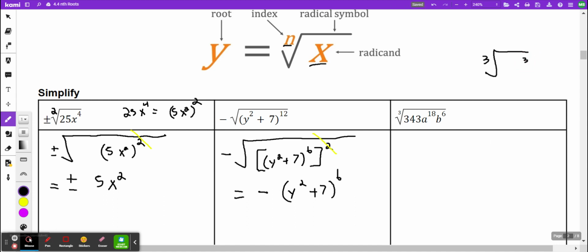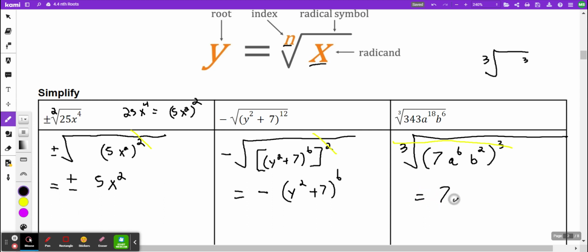It feels kind of like cheating, but 7 times 7 times 7 is 343. A to the 6 times 3 would be a to the 18. The b squared to the 3rd power would be b to the 6th. So, knowing this, I can cancel out this cube root and this cubed, and I get 7a to the 6th and b squared.